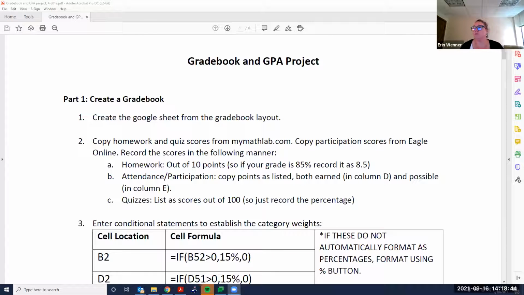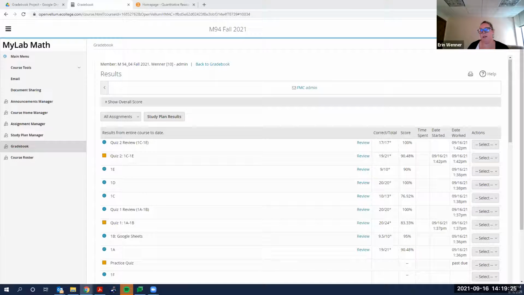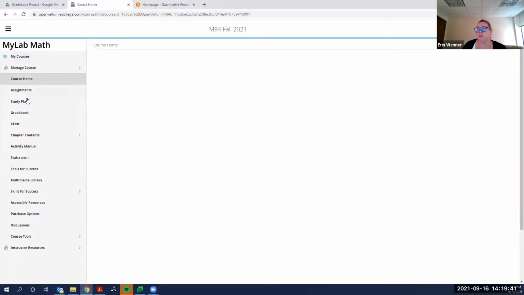Okay, so in Eagle or in MyMathLab, you're going to see, when you click on your gradebook, on the left-hand side, gradebook right here.